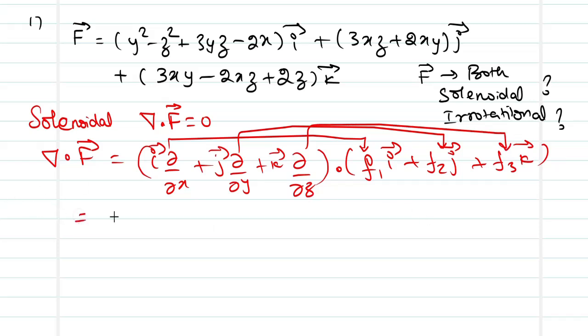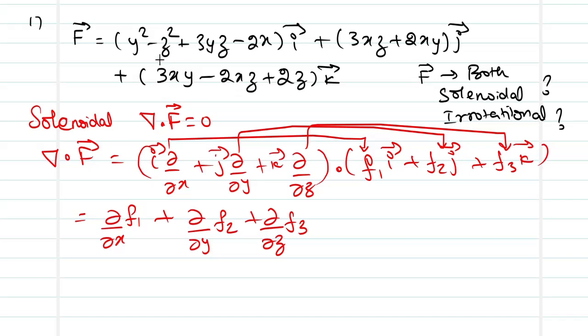So we will be left with dou by dou x of f1 plus dou by dou y of f2 plus dou by dou z of f3. What is my f1? This part with my i is called f1 i. This part with j is called f2 and this part with k will be my f3.